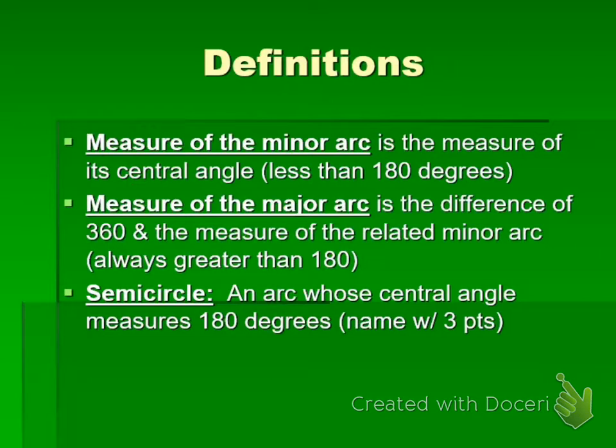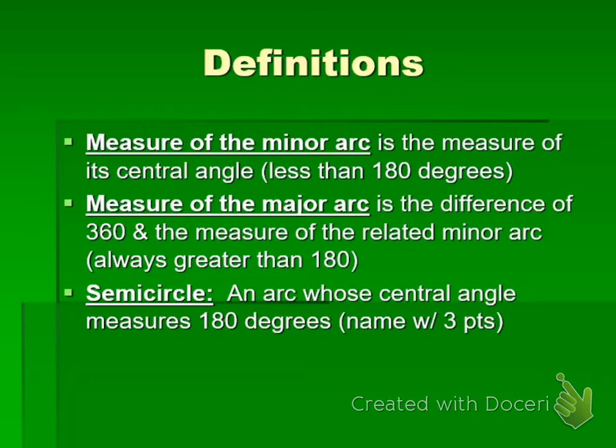The measure of the major arc is the difference, which difference should make us think of what operation? Subtraction. The difference of 360, which would be the whole circle, and the measure of the related minor arc.